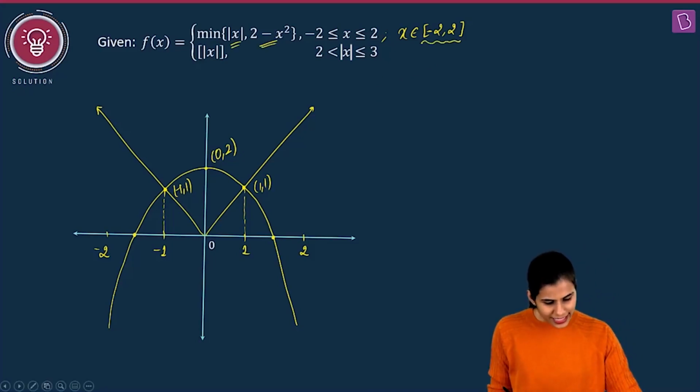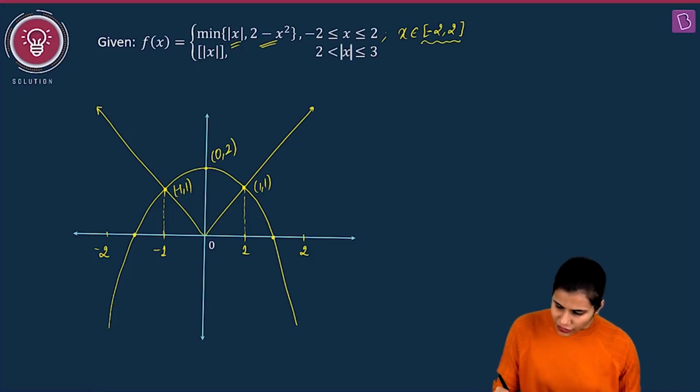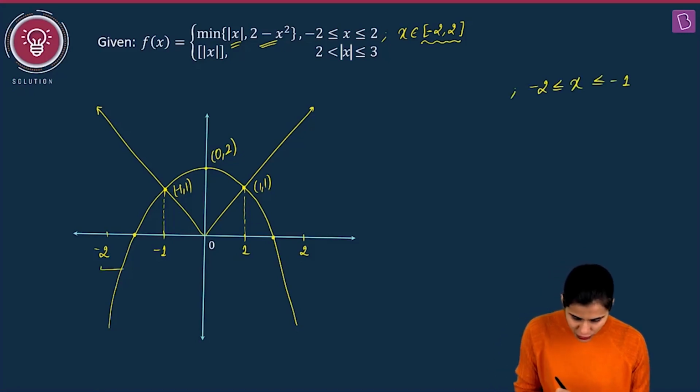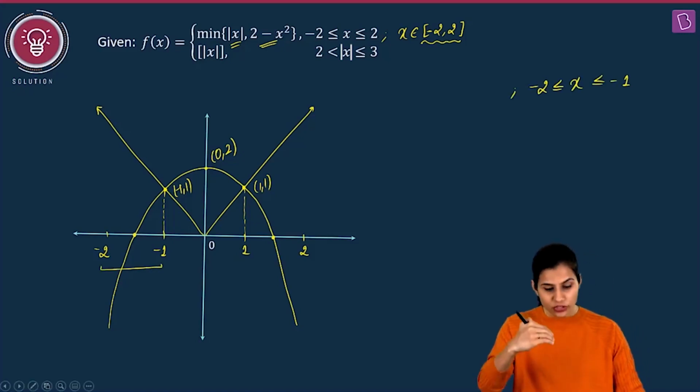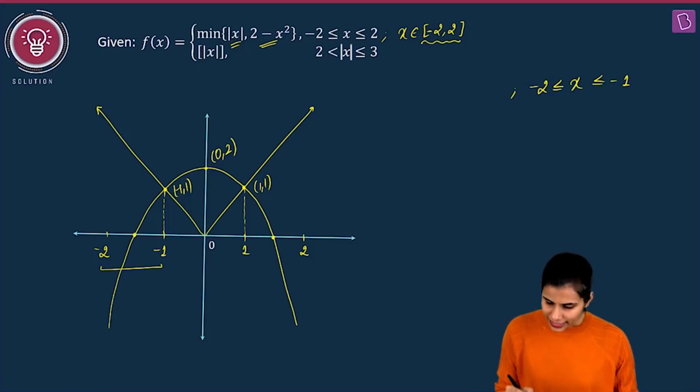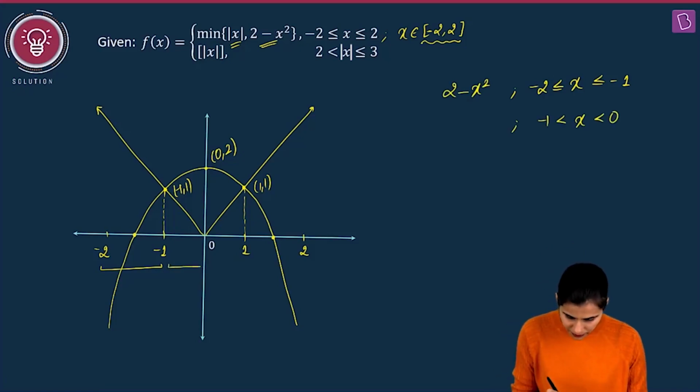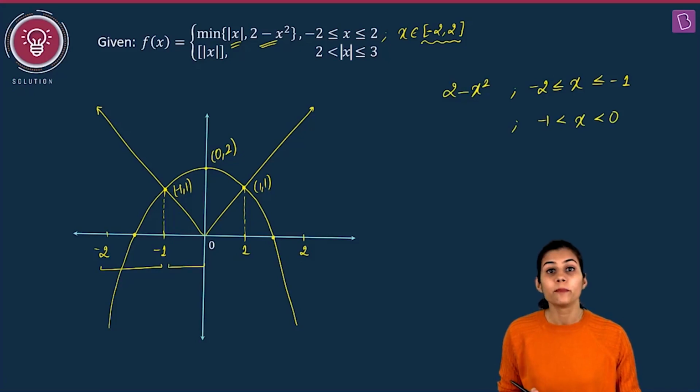So obviously you can see for yourself that when x is greater than equal to -2, less than equal to -1, between -2 and -1, the graph which is lower is 2 minus x square. Whereas when you move from -1 to 0, the graph which is lower is mod x.